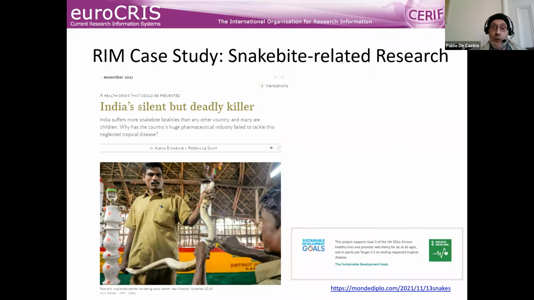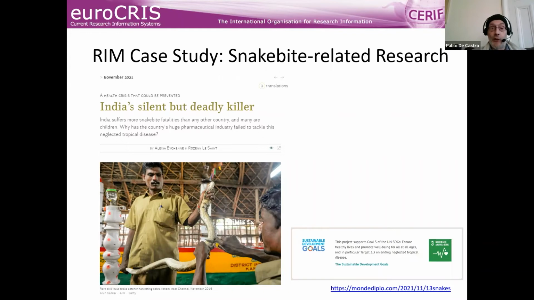So with this, we move on to this open science and research information management case study into snakebite related research, venomous snakes. There have been a lot of articles in newspapers about this.